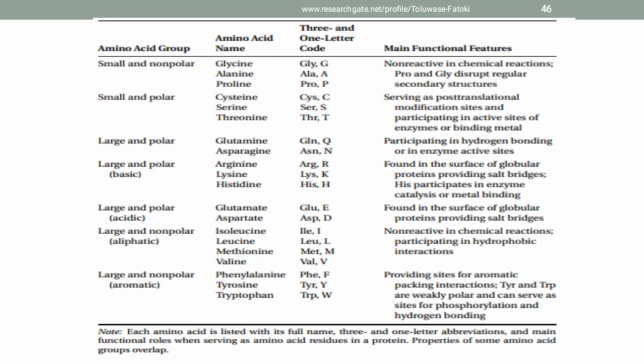Threonine has a single letter of T, tyrosine has a single letter of Y, tryptophan has a single letter of W. Alanine and arginine. Alanine has a single letter of A, arginine has a single letter of R. So you have to take note of these three-letter and single letter codes of amino acids so that you can understand the protein sequence and also protein structure, and then ultimately protein function.